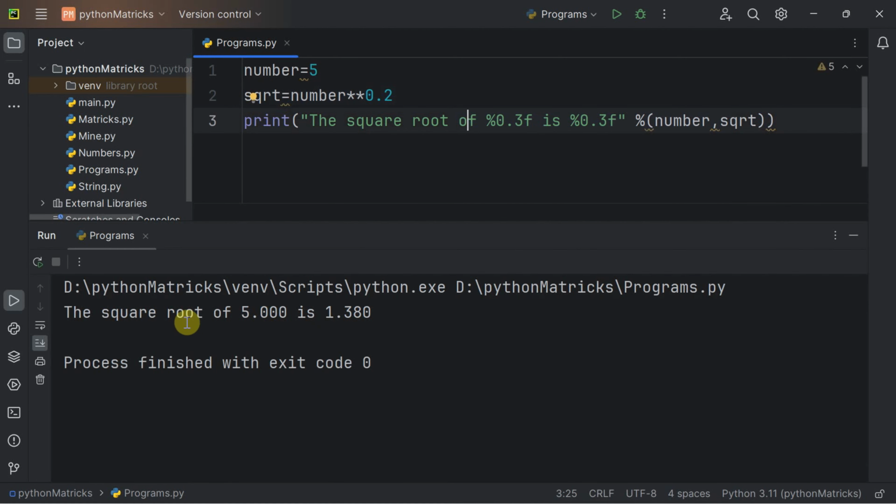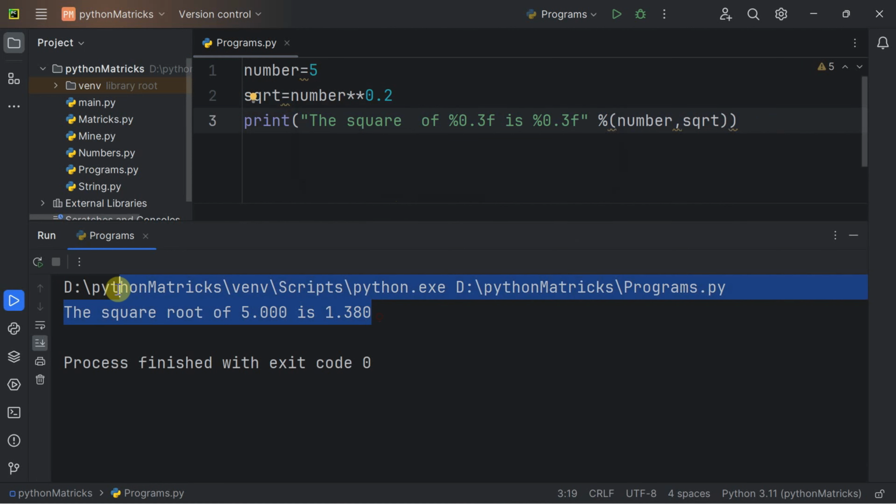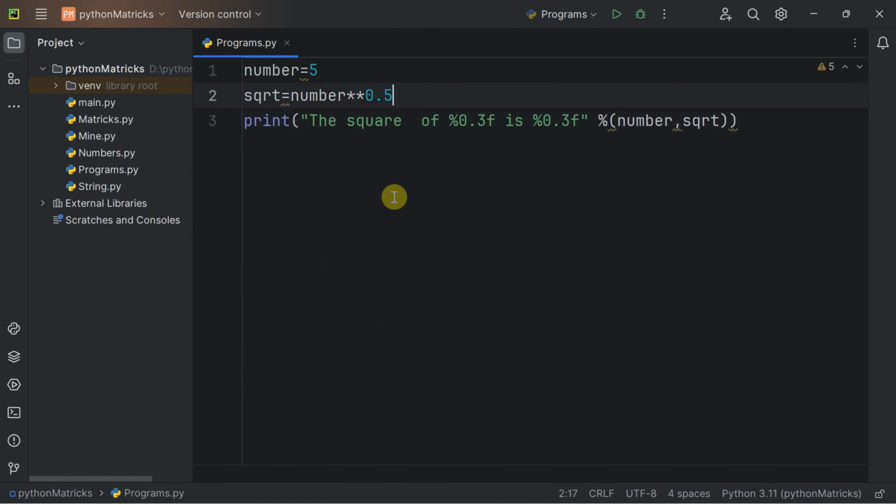You see the square of number 5 is this. So if we use 0.5, it is equivalent to the square root.